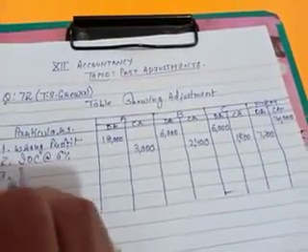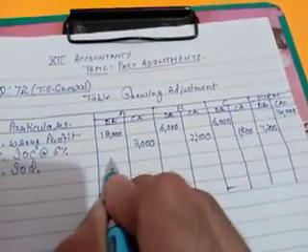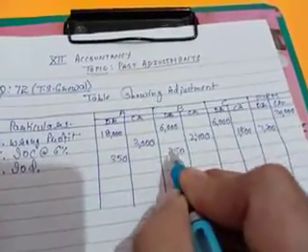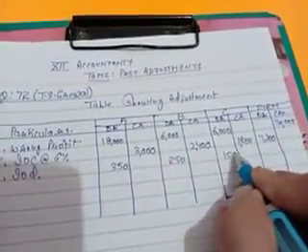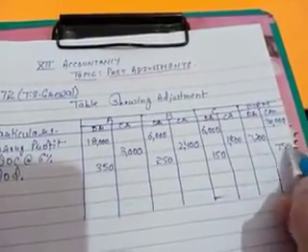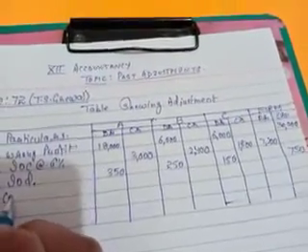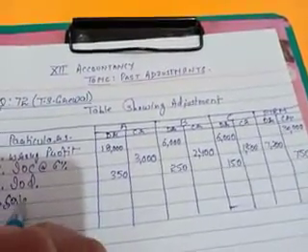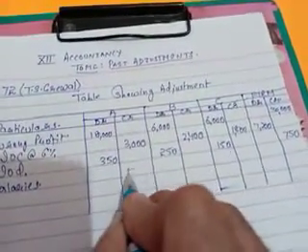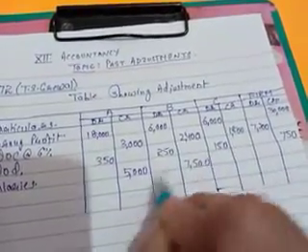Number 3 is interest on drawings. It has to be debited to the partners, which is 350, 250, and 150. Total comes out to be 750, and the 750 is to be credited in the firm's account. Number 4, salary. Salaries are 5,000 to A, 7,500 to B, total 12,500.